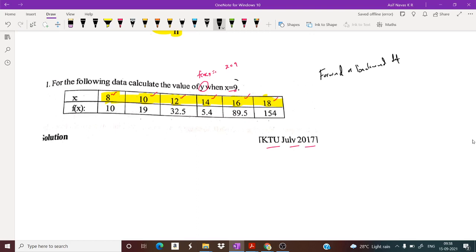Now we have to check where the value x equal to 9 lies. x equal to 9 is nearer to x naught, which is 8. Therefore, we will use the forward difference formula.